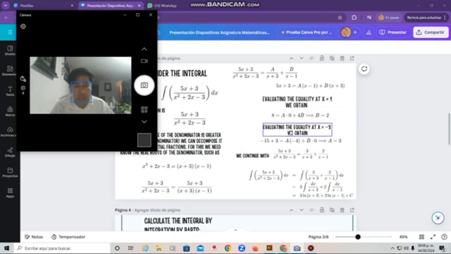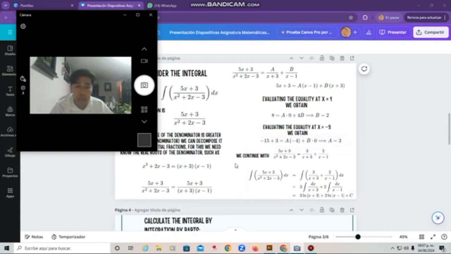Now, evaluating the equality at x equal to minus 3, we obtain minus 15 plus 3, that is equal to minus 12, equal to A(minus 4) plus B times 0, so A is equal to 3.